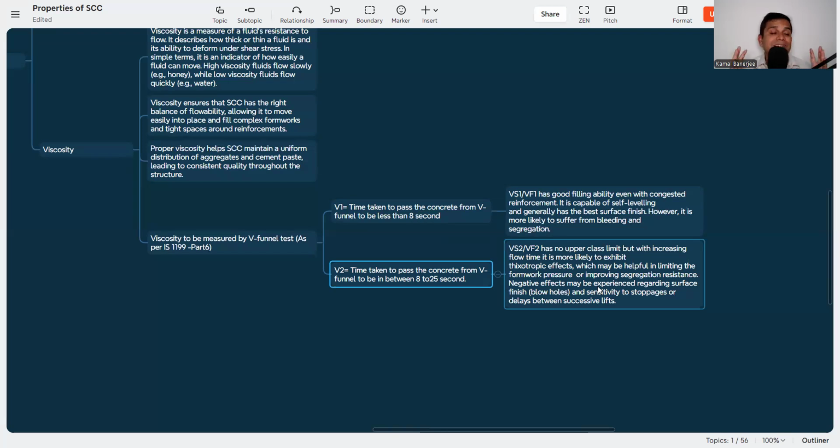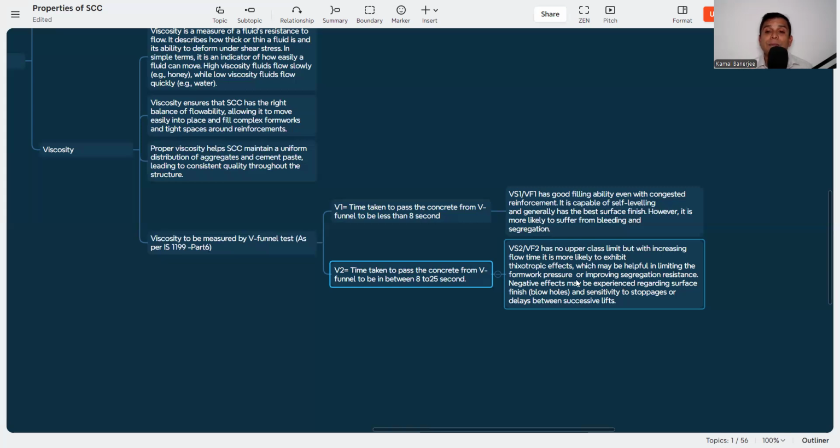That is why it is very important to design the formwork according to the self-compacting concrete pressure. But whenever thixotropy is there, it limits the formwork pressure. So it also has to be determined what the maximum pressure generated on the formwork surface will be, and accordingly the thixotropic effect has to be ensured.